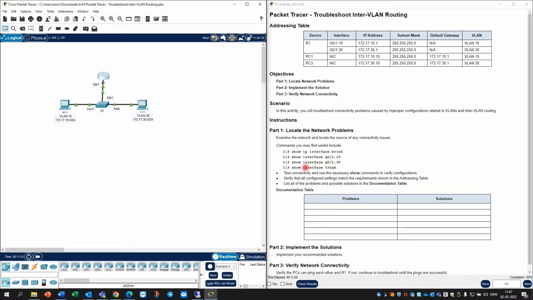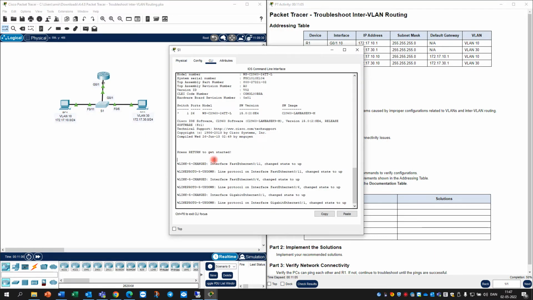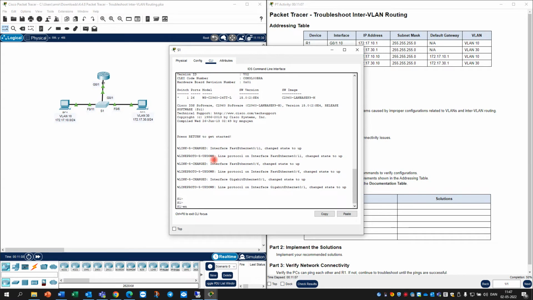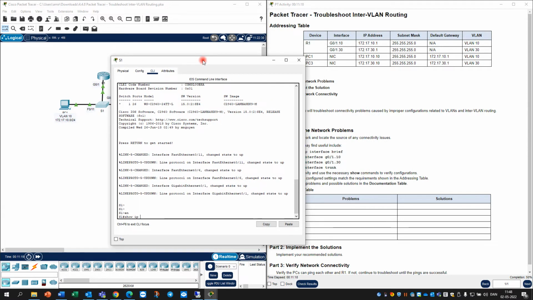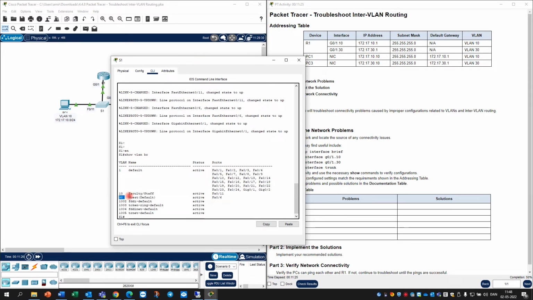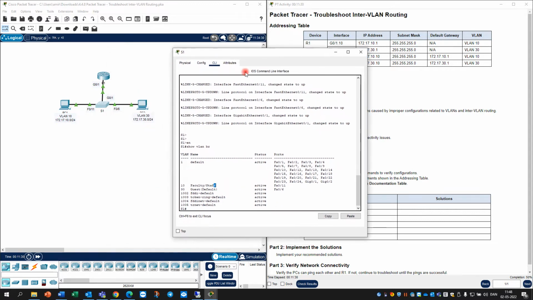What about show interface trunk on the switch? On the switch, enter enable mode and write show ip interface brief. We don't need anything here. We only need show vlan brief. You can see we have VLAN 30 and VLAN 10, and these two interfaces are correctly assigned.